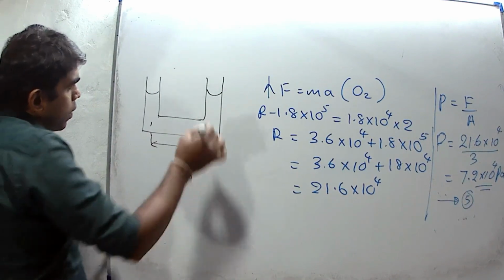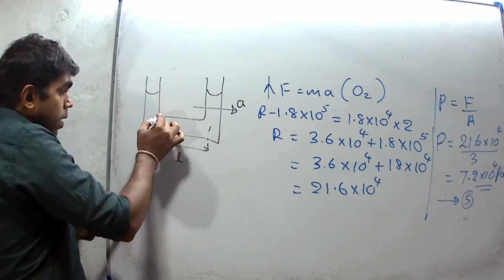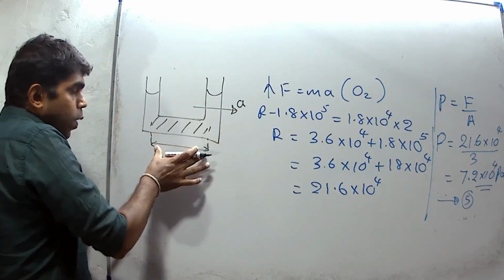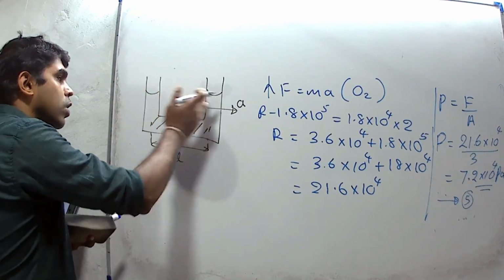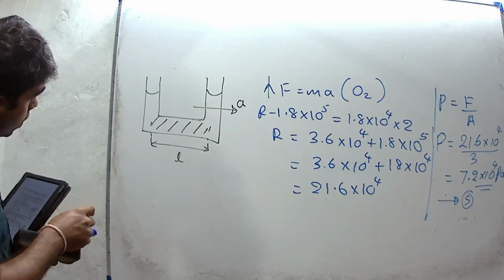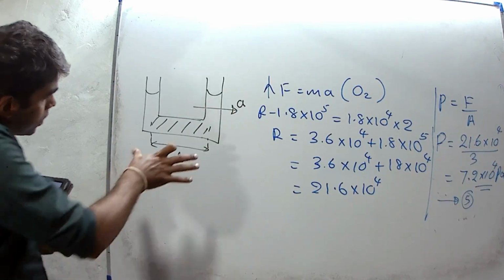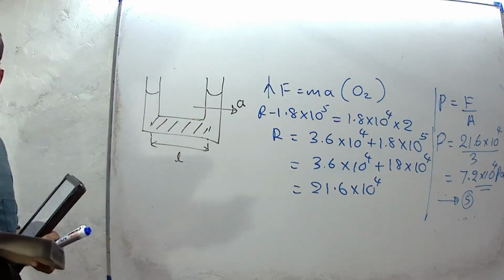It means when accelerating the system, this vertical column could not move. Therefore, this horizontal length is trying to move in backward direction.